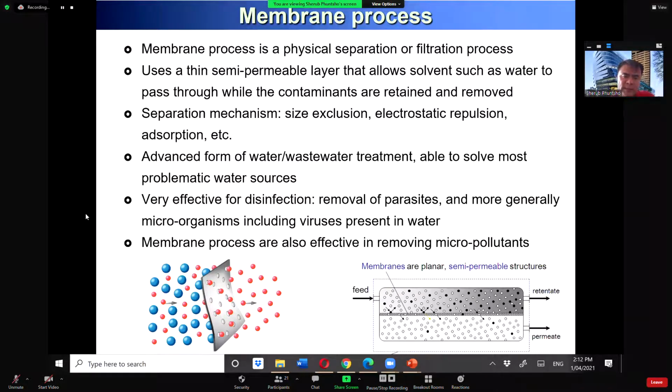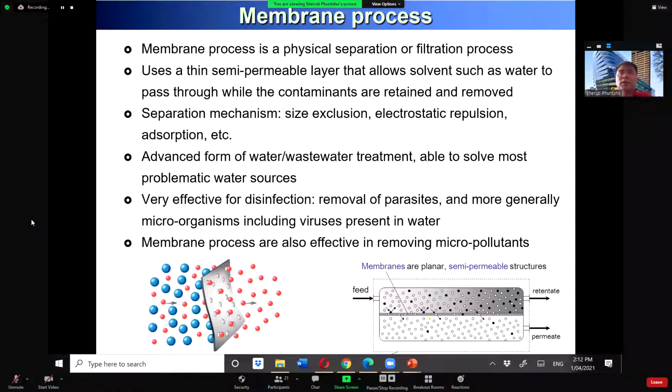They are really versatile and also very effective for disinfection, for example in removal of parasites and any microorganism, including viruses. Bacteria are quite large, but compared to bacteria, the virus is very small. So even viruses can be removed using these membranes. To that extent, the membrane is very effective in disinfection.